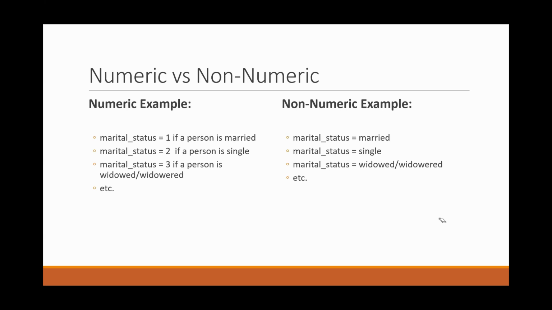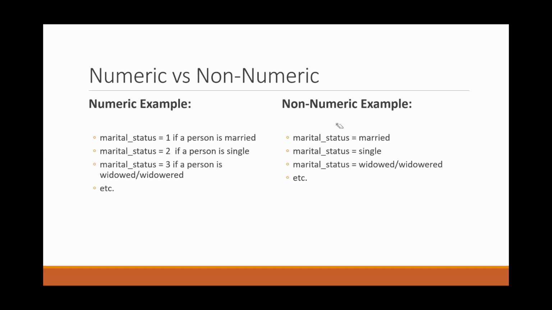Okay. Now, another distinction that we might make when we are looking at categorical variables is between a numeric categorical variable and a non-numeric categorical variable. A numeric categorical variable uses numbers as the category labels.